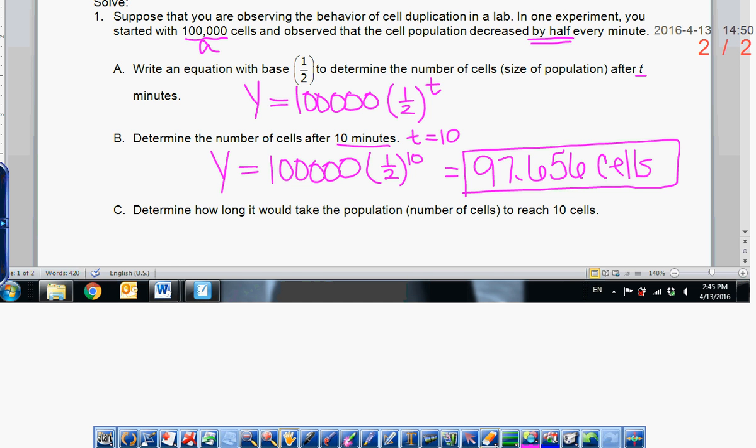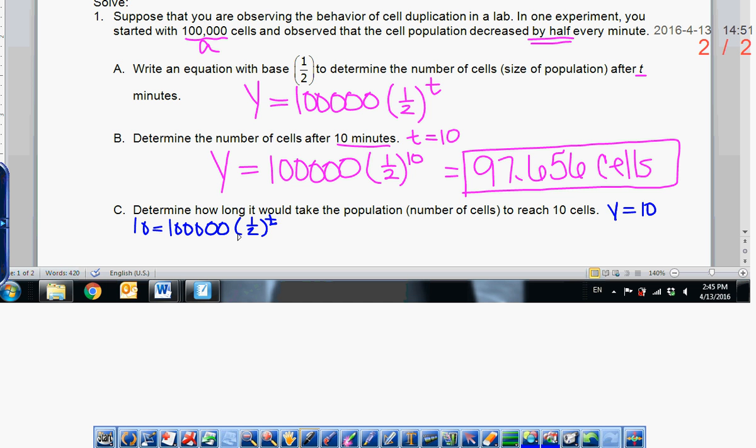Part C says determine how long it would take the population to reach 10 cells. So we're going to plug in 10 here for what? y. So 10 equals 100,000 times 1/2 to the t power. Eventually, yes, we're going to change this to a log because we are solving for an exponent.